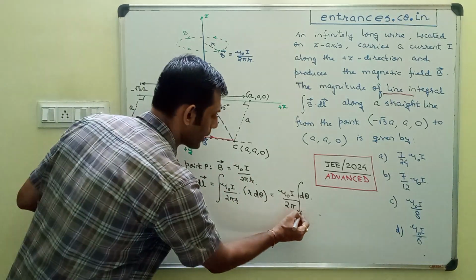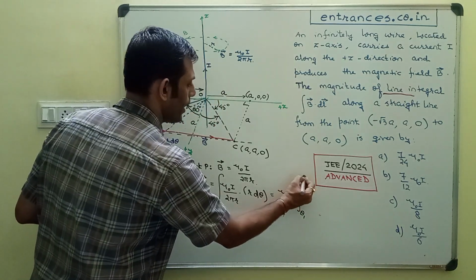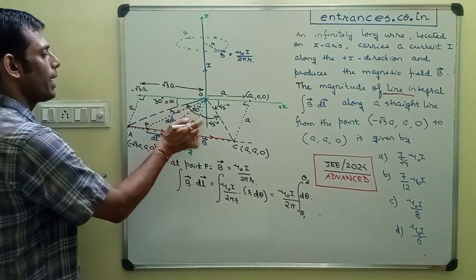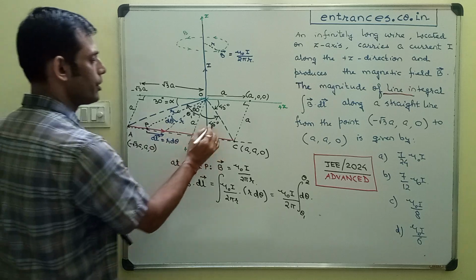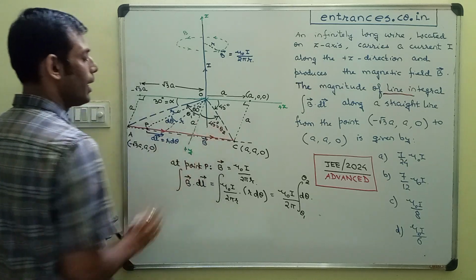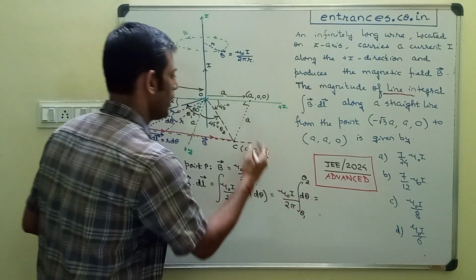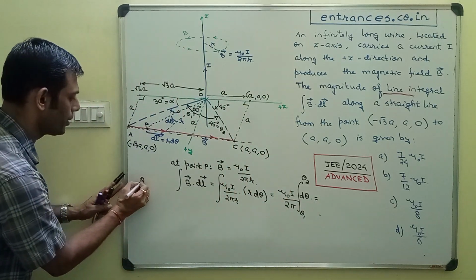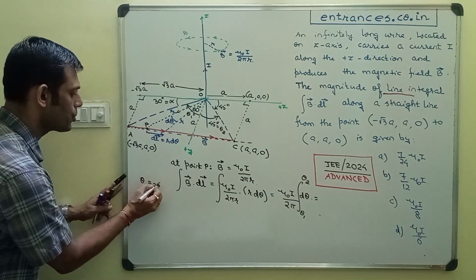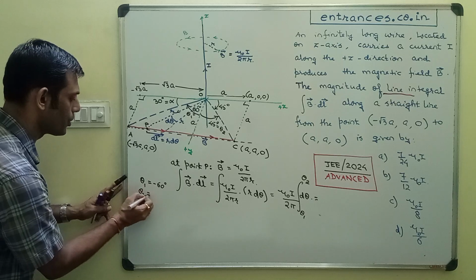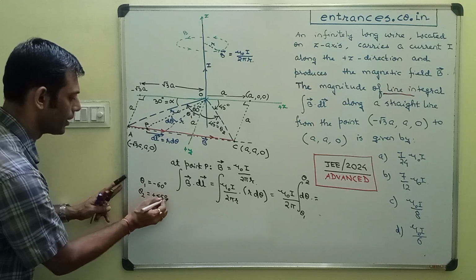My initial angle is theta 1 and the final angle is theta 2. Theta 1 is this and theta 2 is this, and this is a negative angle. So here I will just note down: theta 1 is equal to minus 60 degree and theta 2 is equal to plus 45 degree.